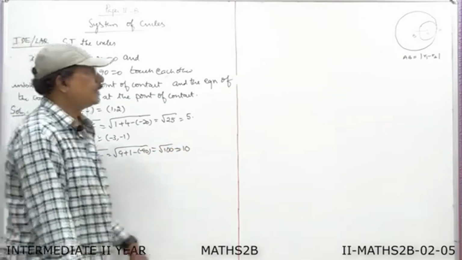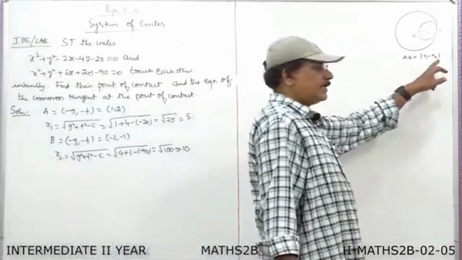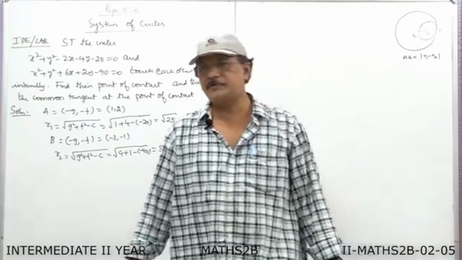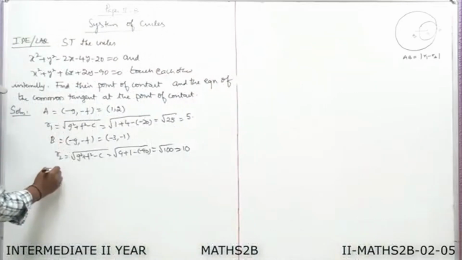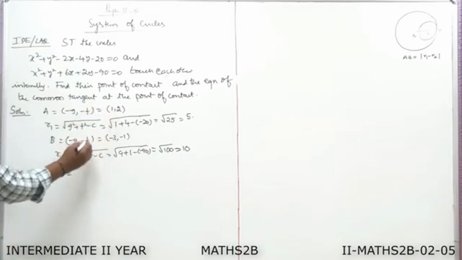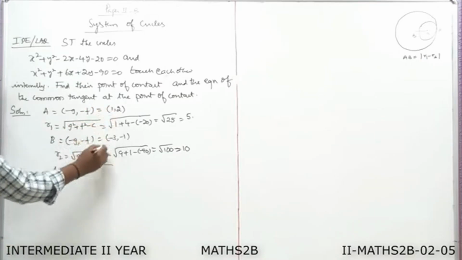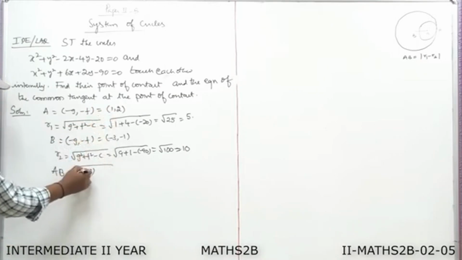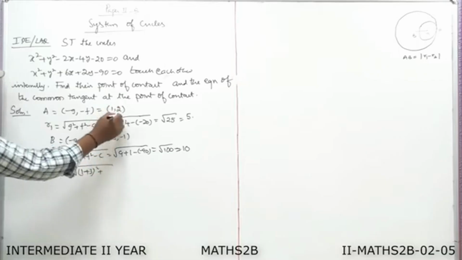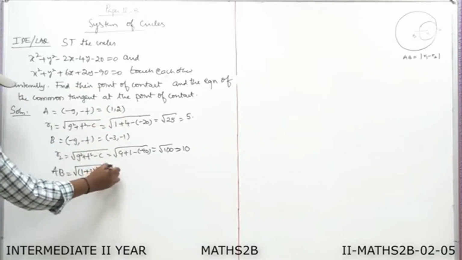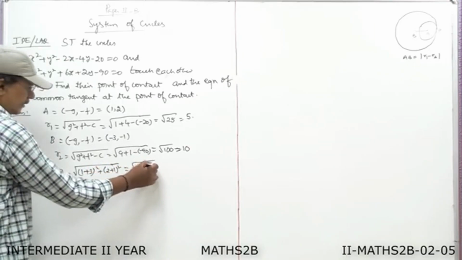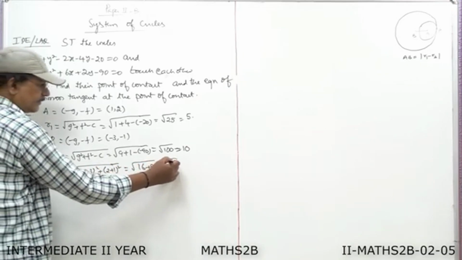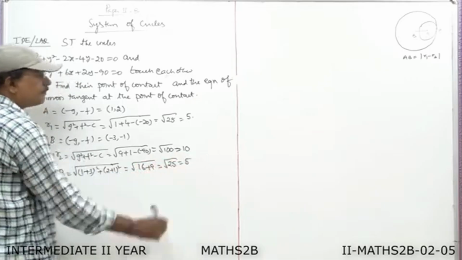So, we have R1 and R2 values. Before we take the difference, we find the distance AB. AB is the distance between the centers: square root of x1 minus x2 whole square, 1 plus 3 whole square, plus y1 minus y2 whole square, 2 plus 1 whole square, that is 16 plus 9, that is root 25 equal to 5.